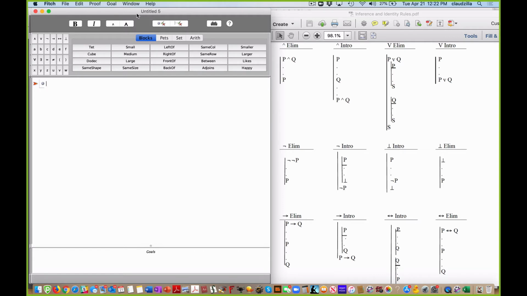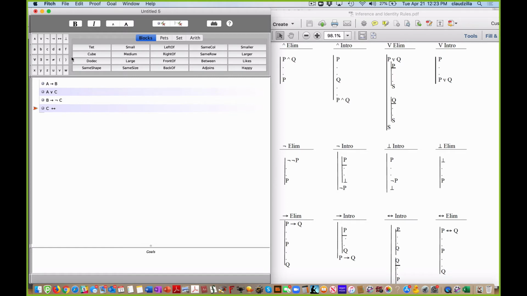All right. So how about this? A arrow B. A disjunction C. B arrow not C. C if and only if not D. It's my shortcut for if and only if.